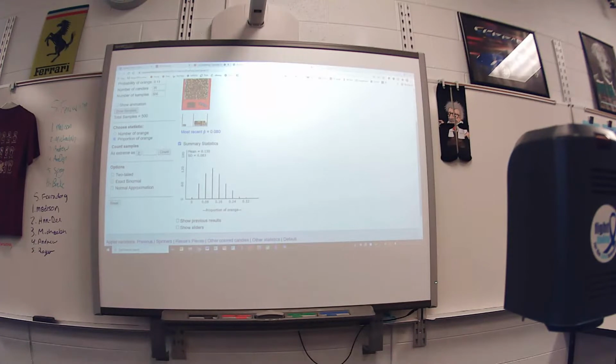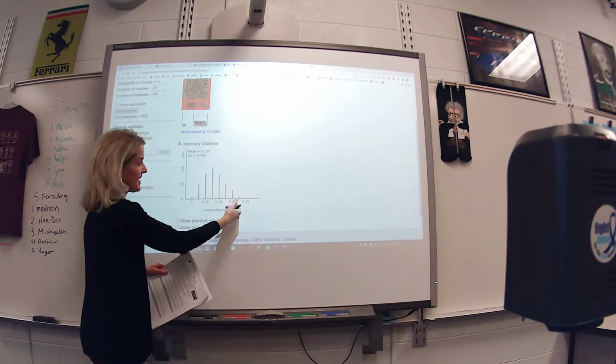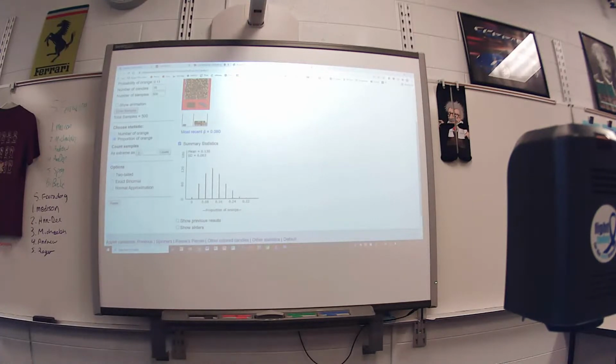Now, what would you say about the shape of this distribution? Is it still approximately normal? It kind of is, but if you look at it closely, can you see a little bit of the skew over here? Can you see a little bit of that tail? That's the 13-87, because it puts you off balance a little bit. So you're going to get a little bit of a skew going here.